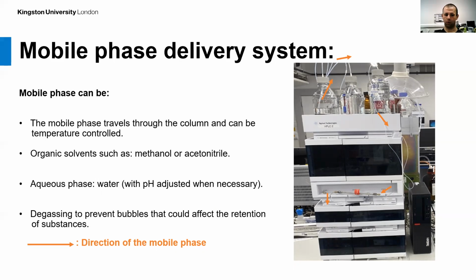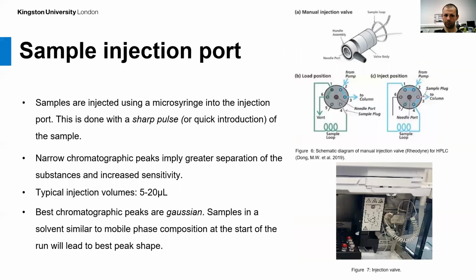Degassing is important in order to prevent bubbles that could affect the retention time of the components. And as you've seen in the picture, the mobile phase goes all the way from the mobile phase reservoir through the HPLC parts and finally ends up in the waste bottle.